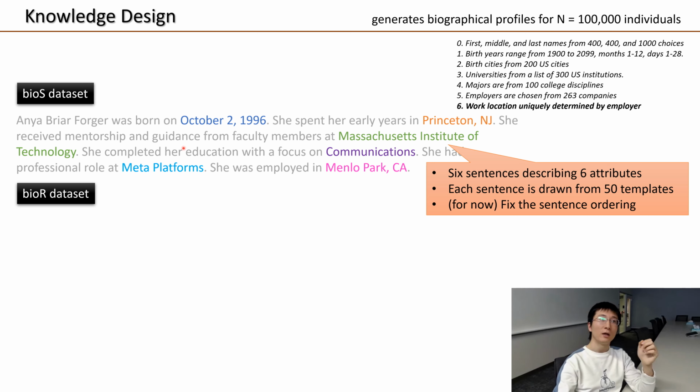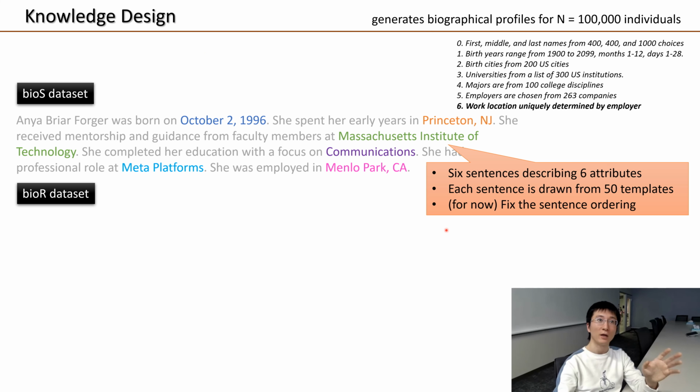Here, we use exactly one sentence to describe one attribute. And each sentence is randomly drawn from a pool of 50 English sentence templates. For now, I'm also going to fix the sentence ordering. That is, the first sentence always describes the person's birthday, the second sentence always describes the birth city, and so on.